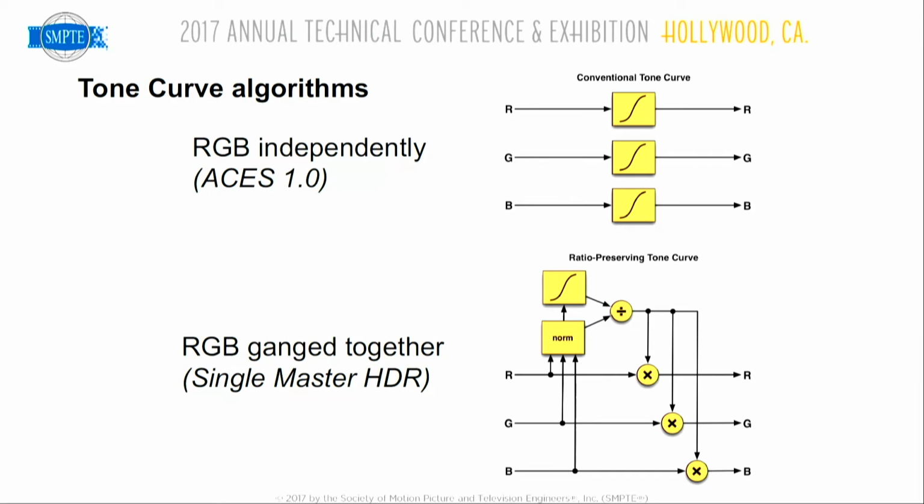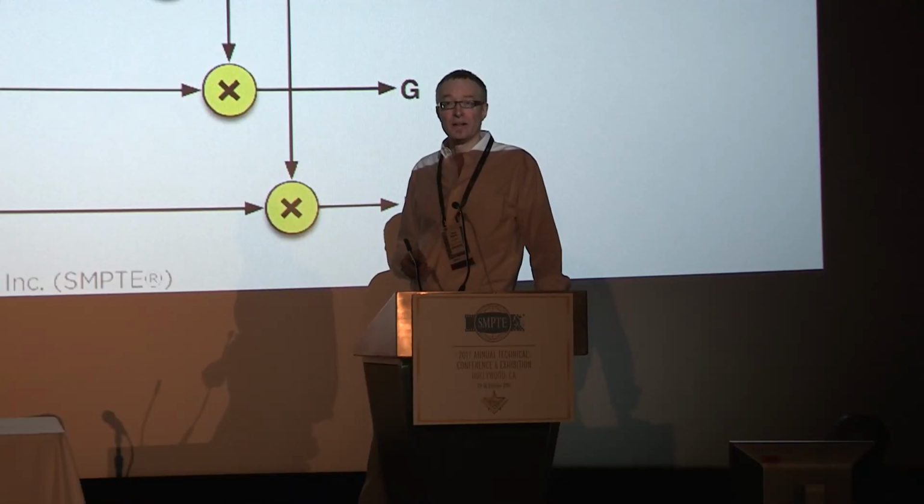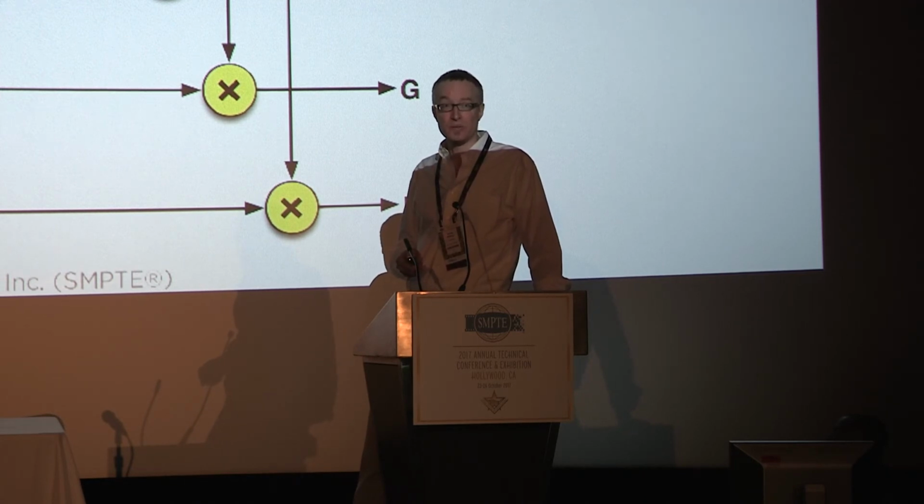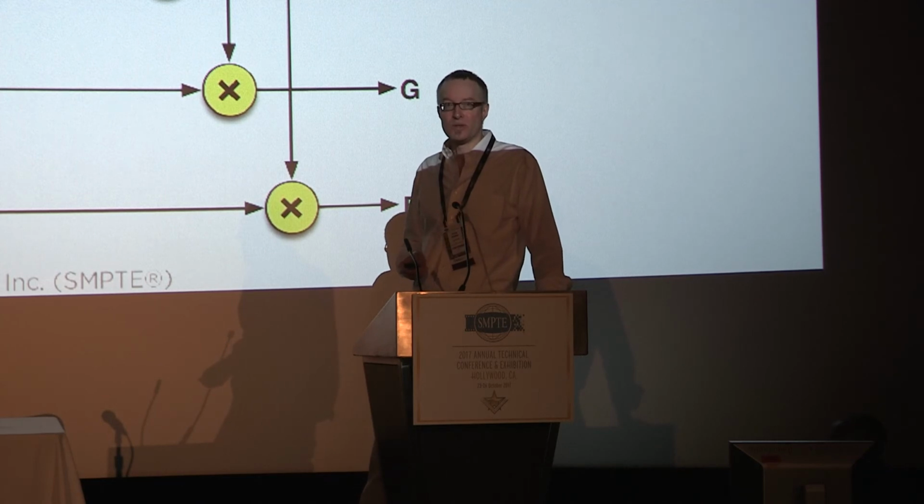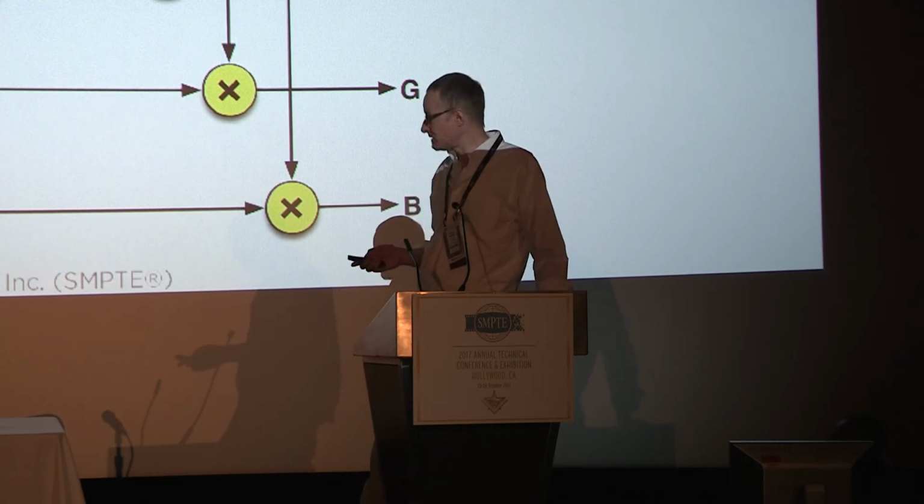Take the ratio of the input and output of the S-shaped curve and use that as a gain factor on the red, green, and blue channels. And if this is done in linear space, as we are, then you're essentially just applying a gain factor to tristimulus values, and so therefore the chromaticity doesn't change, and so to a large degree the hue and saturation also do not change.